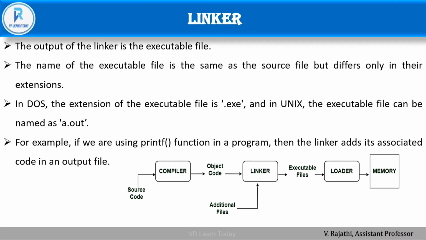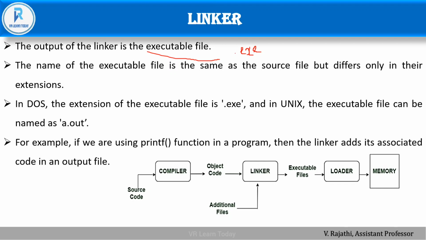The output of the linker is the executable file, which is nothing but .exe. The name of the executable file is the same as the source file but differs only in the extension. For example, in the previous examples, the file names sample and hello, right? This name will not change. Only the extension will change.